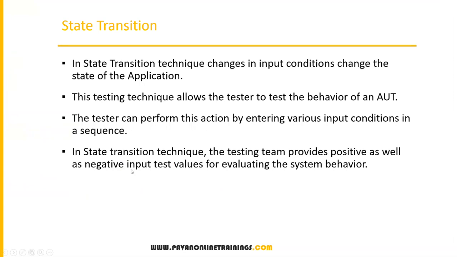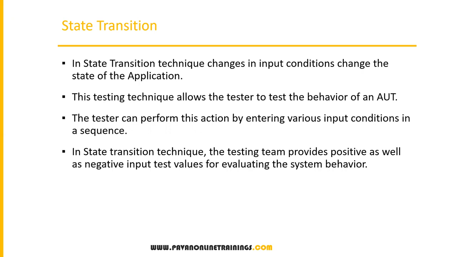Now state transition. State transition is also one of the techniques which we use for test data designing. So let's see what exactly it is. Basically in this, input will change based upon the status. So we will do different navigations or different actions, and accordingly input conditions also will change.